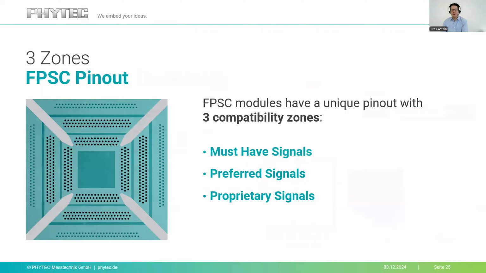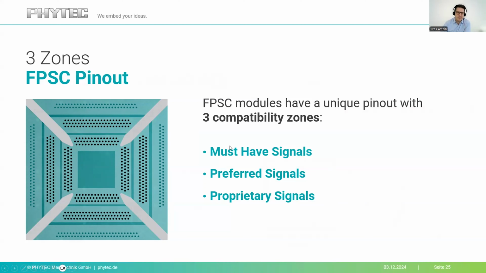Now the footprint itself. We made sure that we have a large amount of must-have signals because we think that is the best guarantee for a customer to ensure that his product will be available and there will be versions of his product in the future with different modules that are compatible. We decided to split up our footprint into 3 rings.